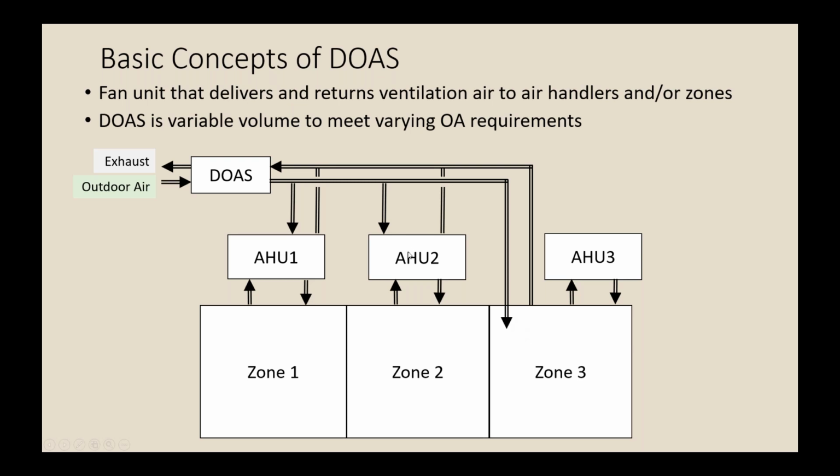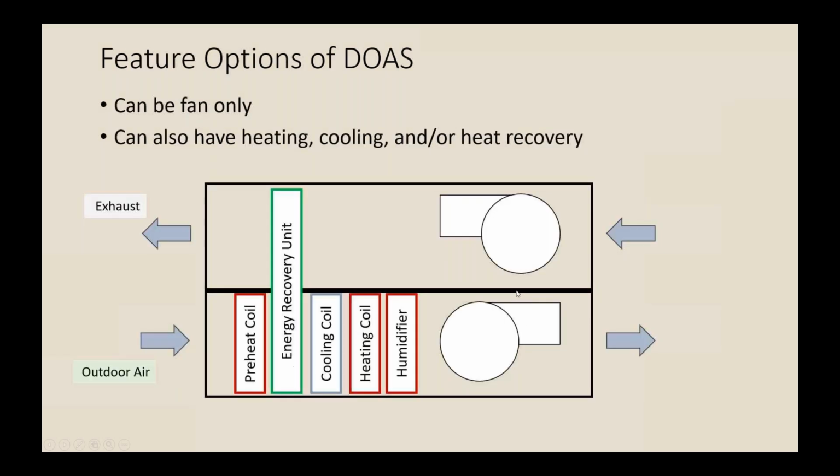So it can deliver air into the air handler unit itself or into the zone. And it normally operates as a variable volume system in order to accommodate the cycling on and off, or scheduling on and off, of different air handlers, and also various outdoor air control mechanisms that might be handled.